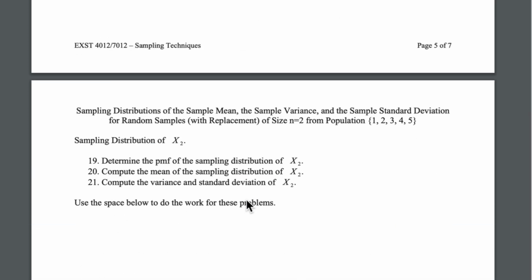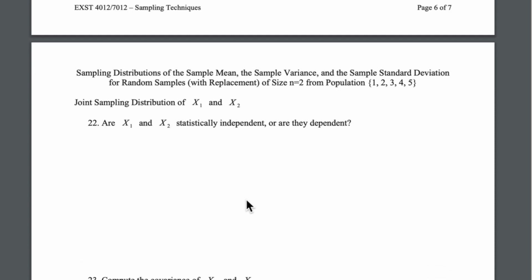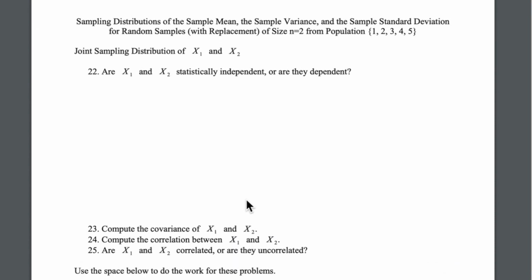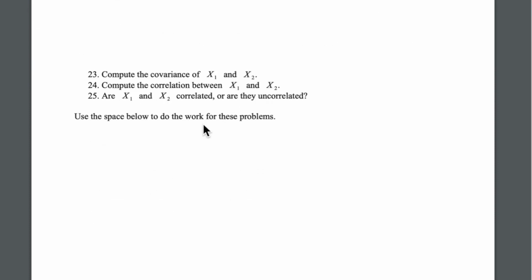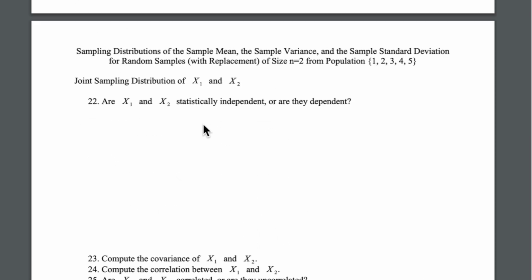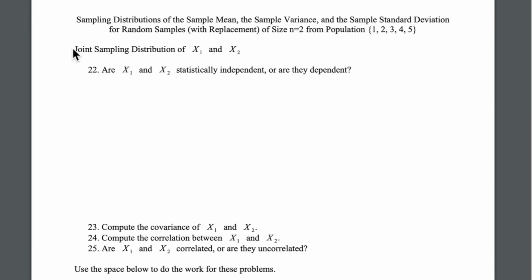Okay, so let's look at the next set of questions. This is page 7, and we are asked to consider the joint sampling distribution of X1 and X2. The reason we're doing this is we're answering the question: are X1 and X2 statistically independent or are they dependent?